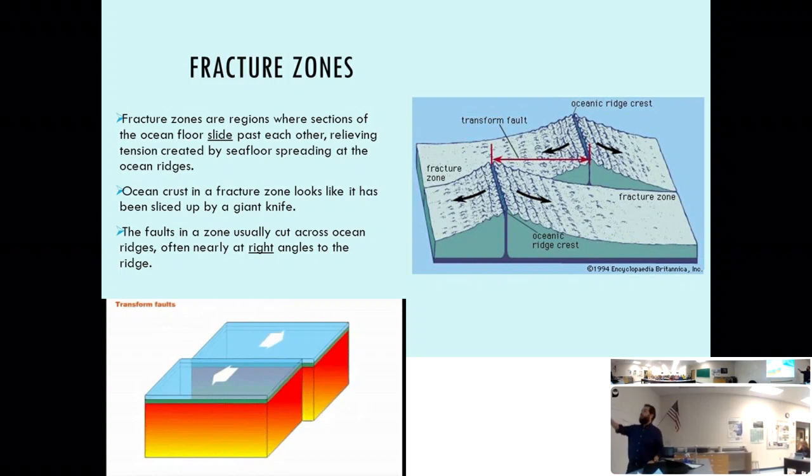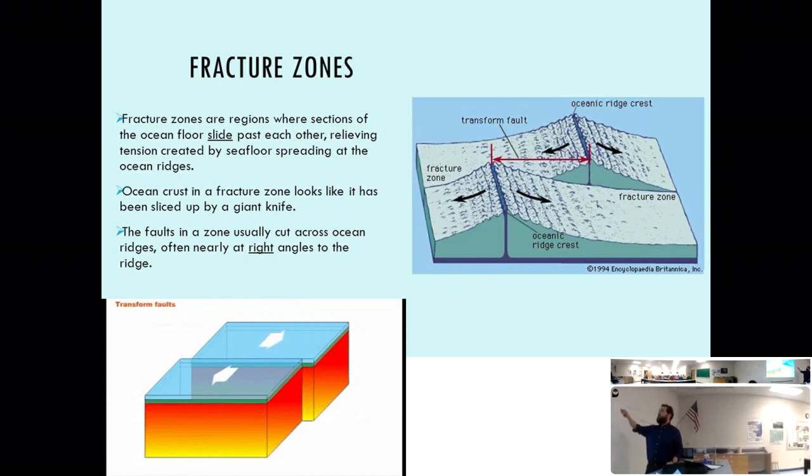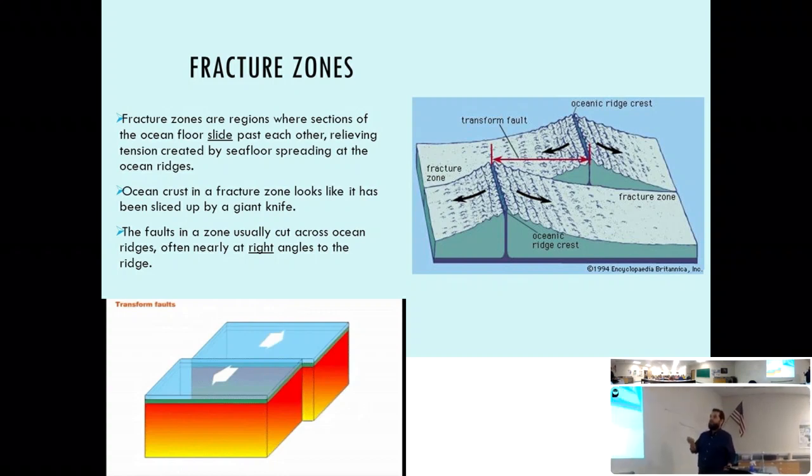So if you have a part of the ridge that's spreading faster next to a part of the ridge that's spreading more slowly, you'll see how you're going to have something like this occur, right? Where there's going to be this horizontal side-to-side motion of the plates. Y'all see that? It's going to go like that, right? Because one is spreading more quickly, one is spreading more slowly. And so just FYI, those things are called fracture zones, and they have little transform boundaries.